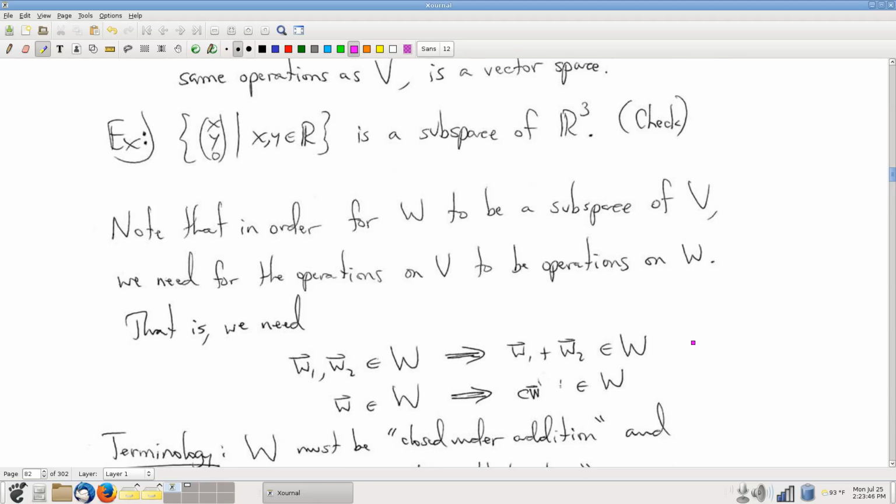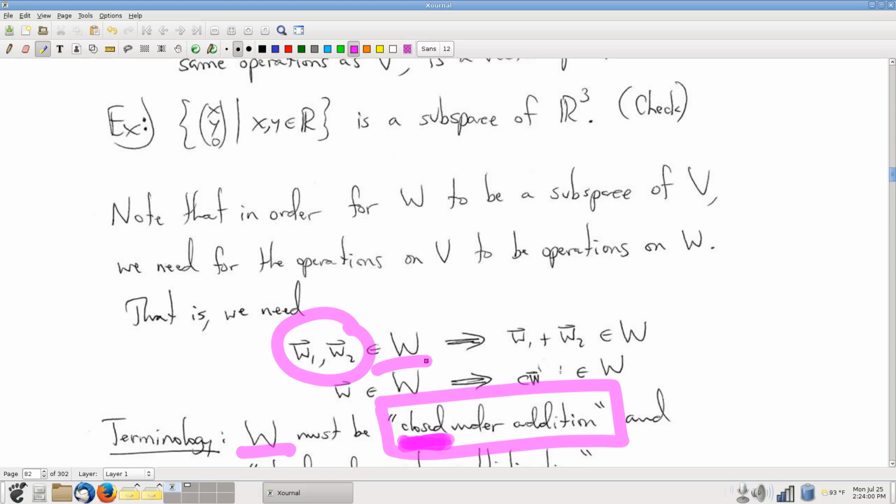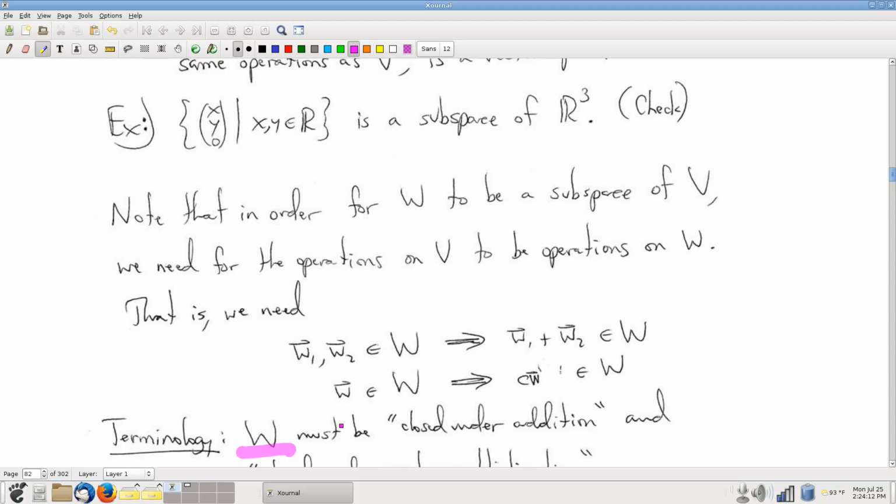So the terminology that we use here is that the set W must be closed under addition. Very loosely speaking, you can think of the motivation for this term closed as: if you take things that are in W, addition requires that you stay in W. So you can't get out, in some very loose sense.